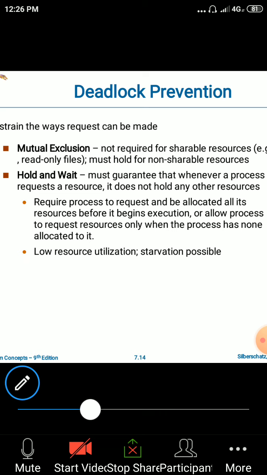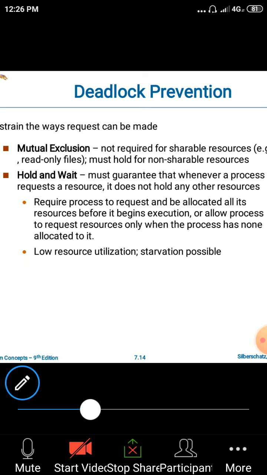So if we use a protocol that avoids the occurrence of the hold and wait situation, the method is that whenever a process is requesting a resource, that process should not hold any resources.